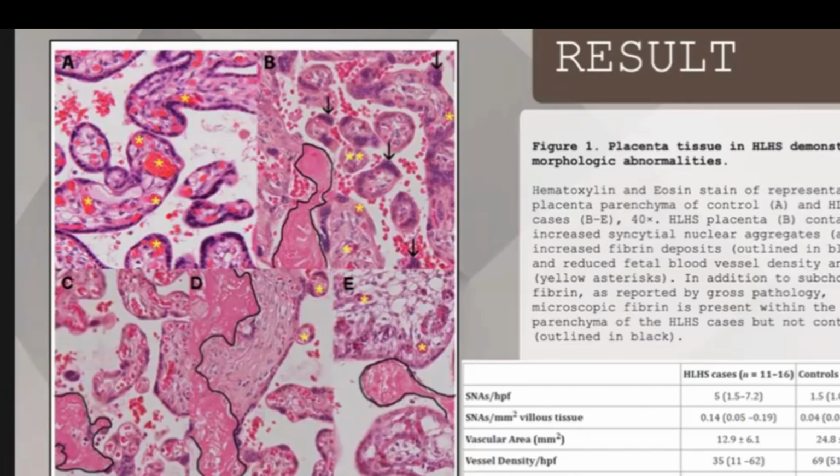So here's a table of the overall different factors that they looked at. And as you can see, there was a reduction in, like I said, the syncytial membranes, the vascular area, and the density of the blood vessels. I know that they say vessel density, but this is really just the amount of blood vessels per high power field, not actually inside the vessel. That would be the area.